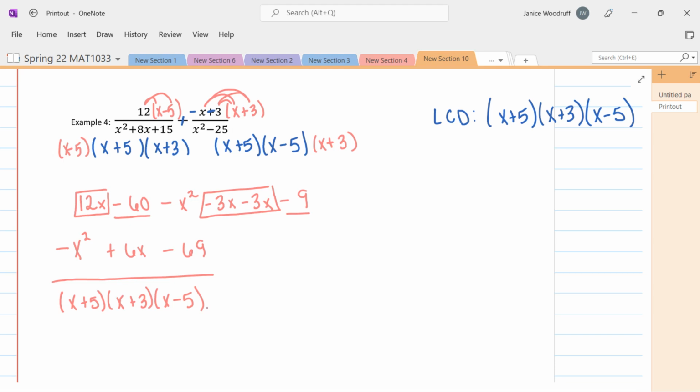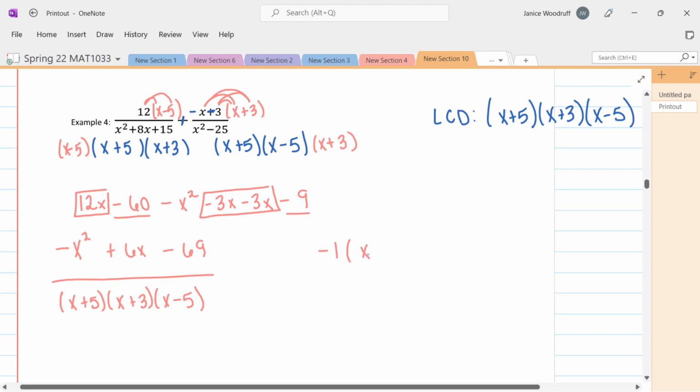And now we will see if we can factor. So I think that we can pull a negative 1, at least, out of here. So negative 1, which would give me a positive x squared minus 6x plus 69. If I want to factor 69, I'm going to think, okay, 1 and 69, that's not going to combine to 6. 2 isn't going to go in. 3 will go in 23 times.